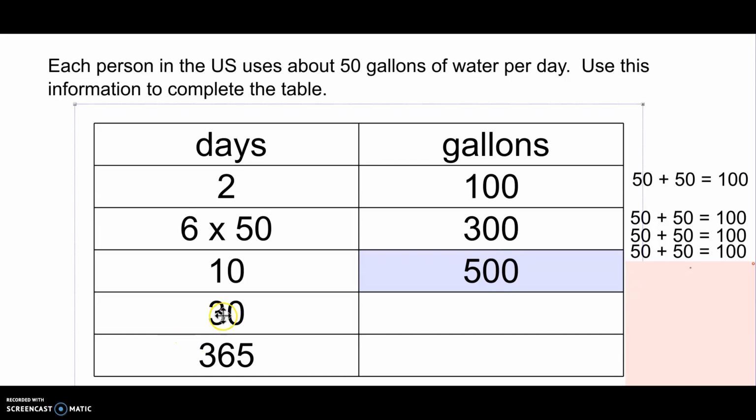How can we use that information to help us solve for 30 days? 10 days equals 500 gallons. 30 days, 3 10s, 10, 20, 30. 3 of these. So in 30 days, it would be 1,500 gallons of water. Can you figure out for 365? Give that a try.